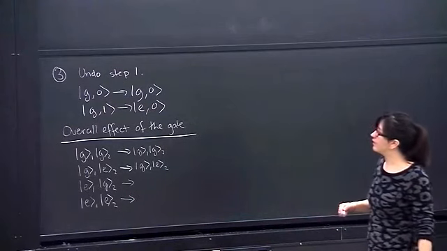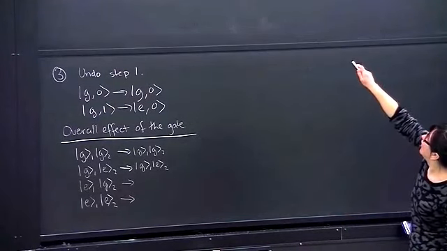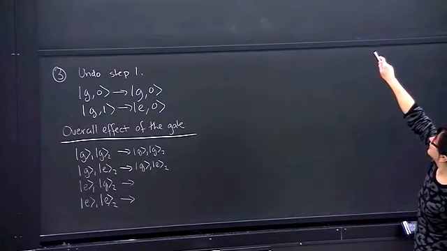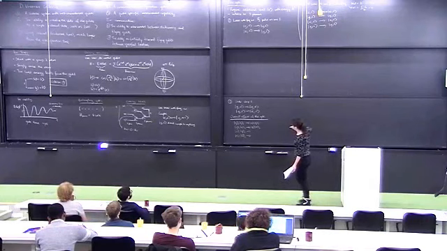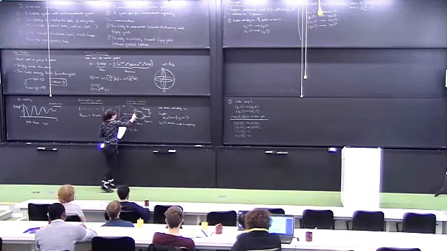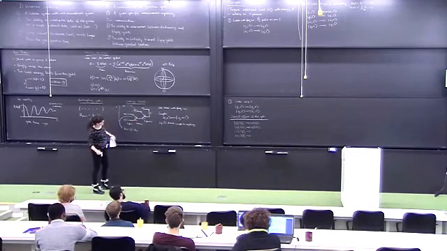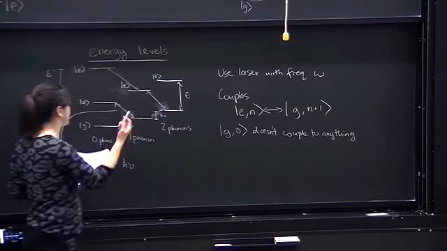And now if the first qubit was in the excited state, it would then be put into the ground state with a single phonon. So we're somewhere over here. But the second qubit was in the ground state, so it's here. So nothing happens as well.